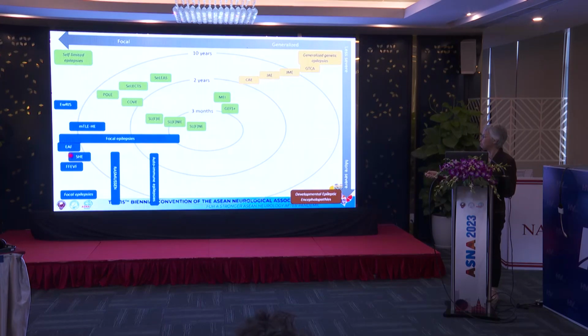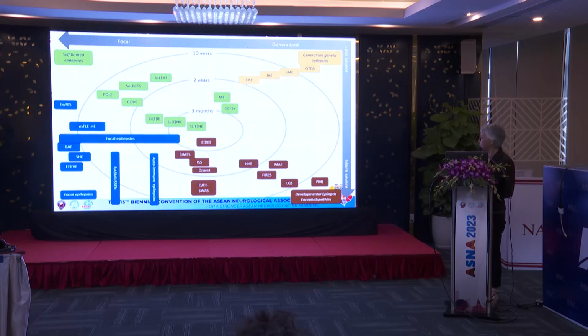This is sleep-related hypermotor epilepsy. So this is the one with the various foci. This is the area where you should not go, with the epilepsies with a lot of cognitive comorbidities.